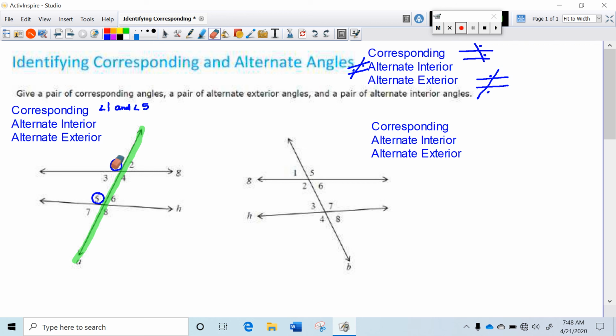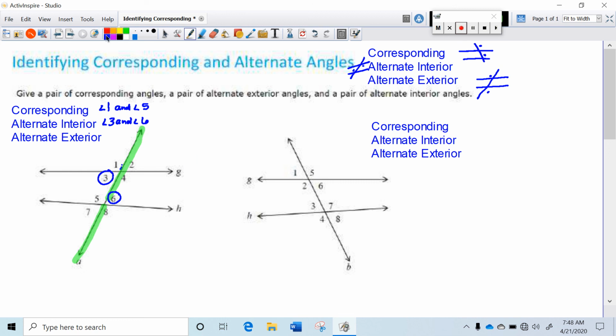Alternate interior are inside the parallel lines, opposite the transversal. So let's go with inside the parallel lines, 3, and opposite the transversal on the other side of the green line is 6. So angle 3 and angle 6.